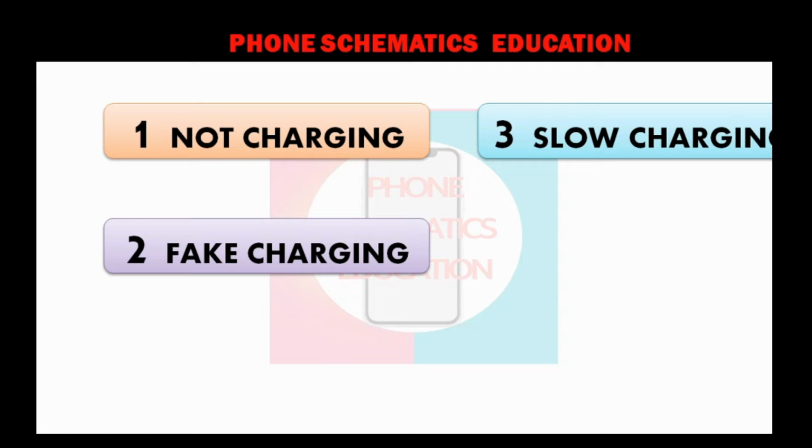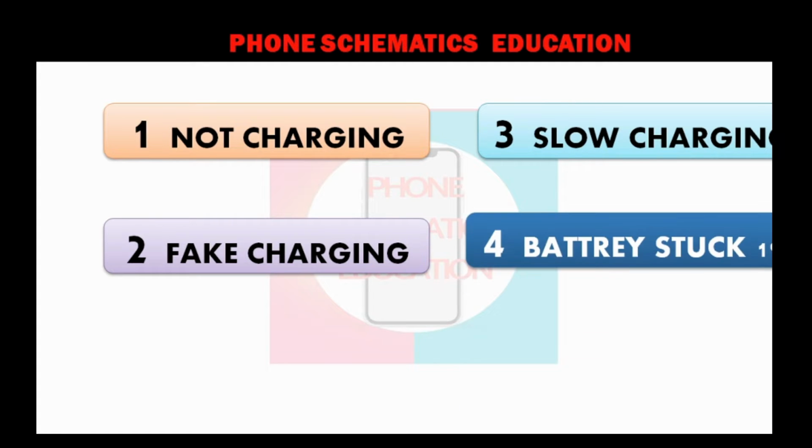The battery should be charged in, suppose, 1 hour for full storage, but it takes 7 to 8 hours, sometimes 12 hours for charging full. It's called slow charging. You might be seeing this type of fault.